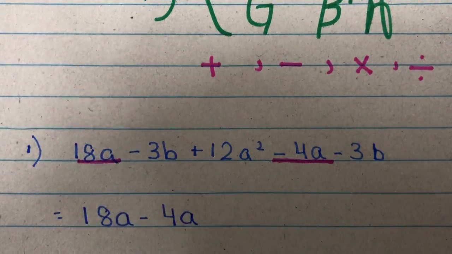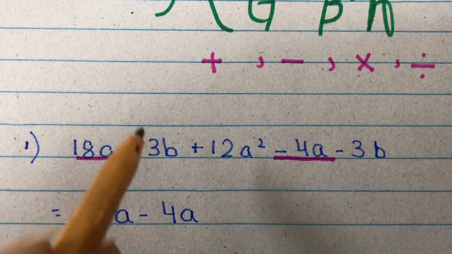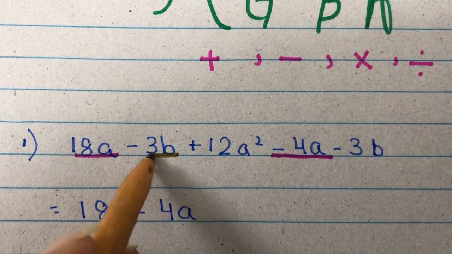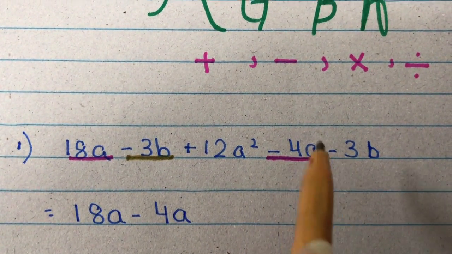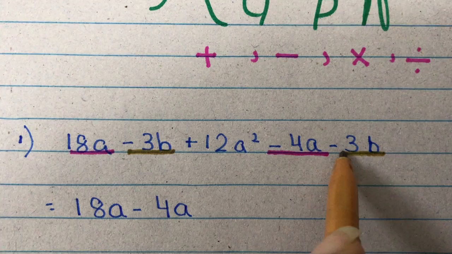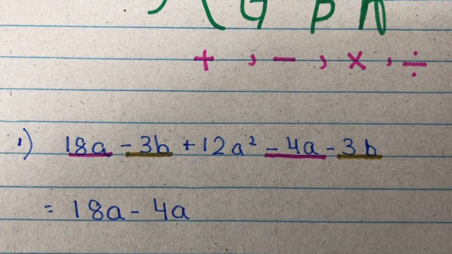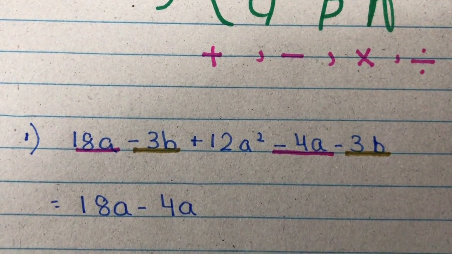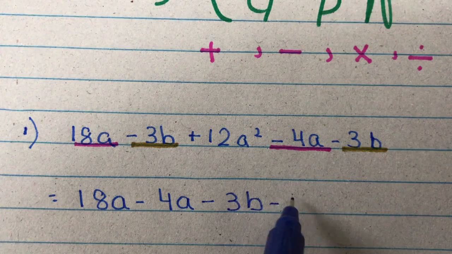The like terms you're going to copy down. Then you go ahead to the next one, it's minus 3b. Is there any other b's in the sum? Yes. This is how you go ahead. Be careful so you do not miss out any term. Now I've got minus 3b, so I copy down minus 3b.